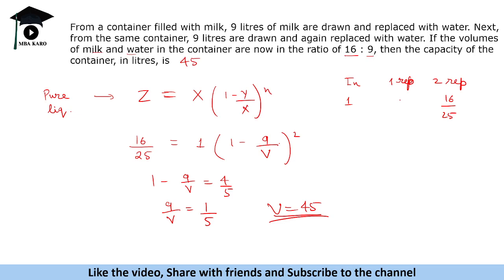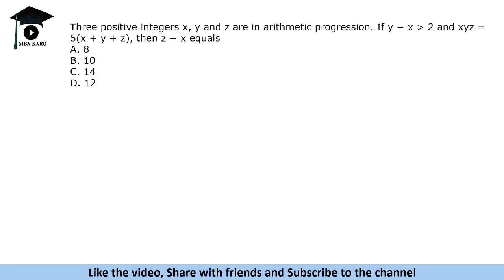So after 1 replacement it should become 4 by 5. Okay, so again we can say that 1 minus 9 by v is equal to 4 by 5. So we get v is equal to 45 liters. Standard question based on replacement. Next question. Three positive integers x, y, z are in arithmetic progression.